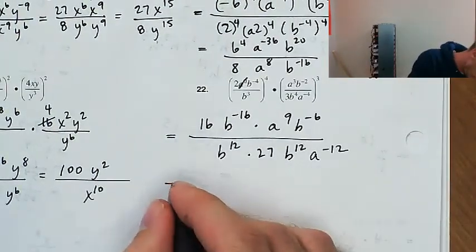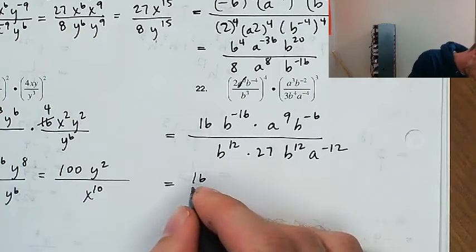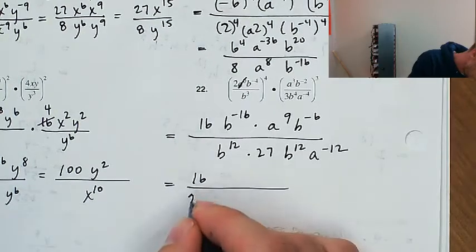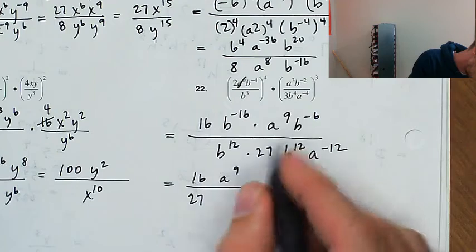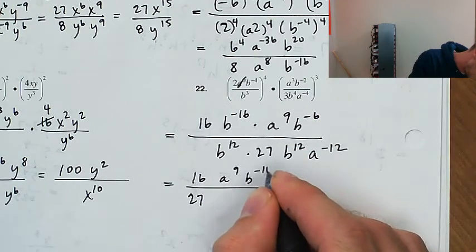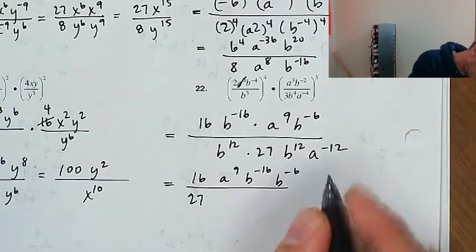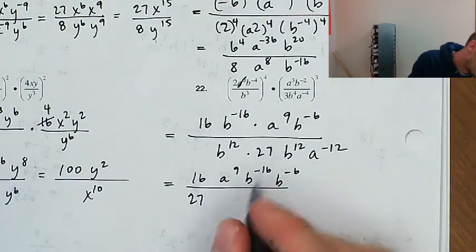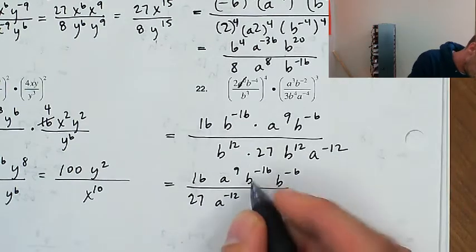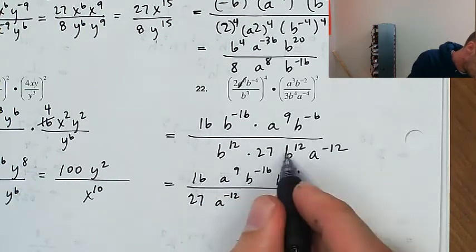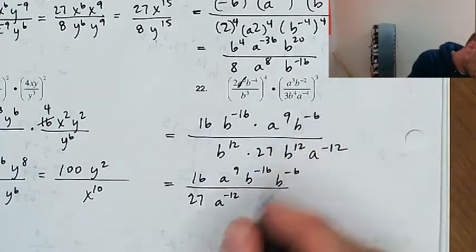Okay, so I'm going to put the numbers together. 16 and 27, yeah, those have no common factor. Okay, then I'll put the a right here, a to the 9. B to the negative 16, B to the negative 6, I think that would combine to be B to the negative 22, divided by 27, and A to the negative 12, and 2. So let me make sure that's legitimate. Yeah, okay.